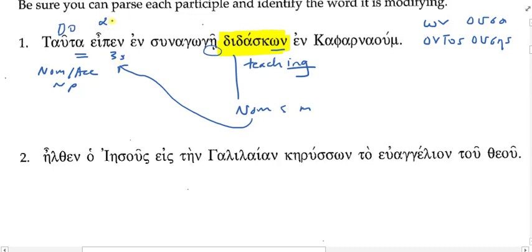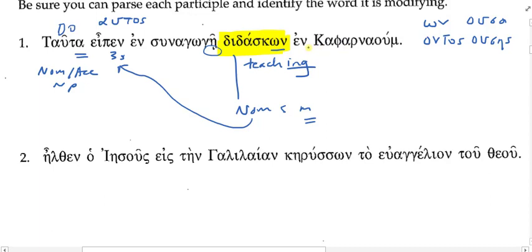The subject of apin would be nominative singular, right? Now, it could be he, she, or it, so it would be autos, aute, or auto. But since this is masculine, we know the subject must be masculine. So it's he said these things in the synagogue, teaching, and the teaching is the same as the speaker.